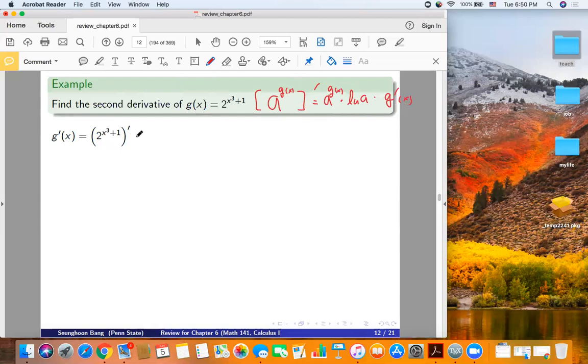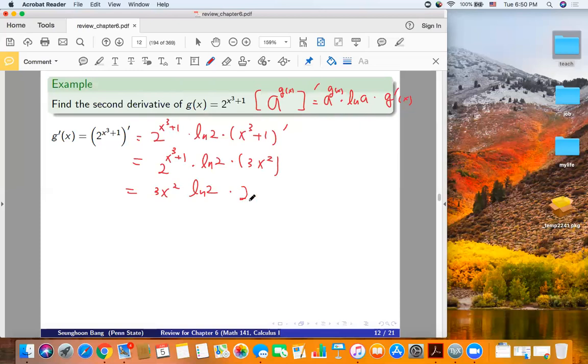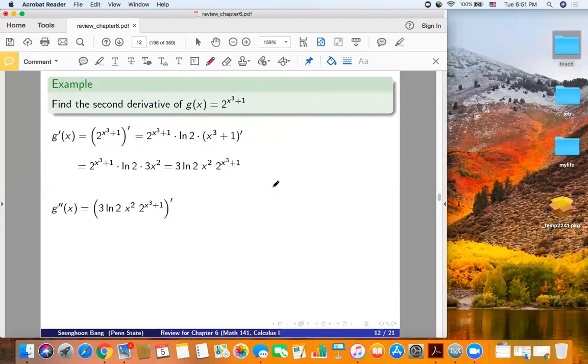So this is 2 to the x cubed plus 1 times ln of 2 times the derivative of x cubed plus 1, which is 3x squared. Reordering, we have 3x squared ln of 2 times 2 to the x cubed plus 1.